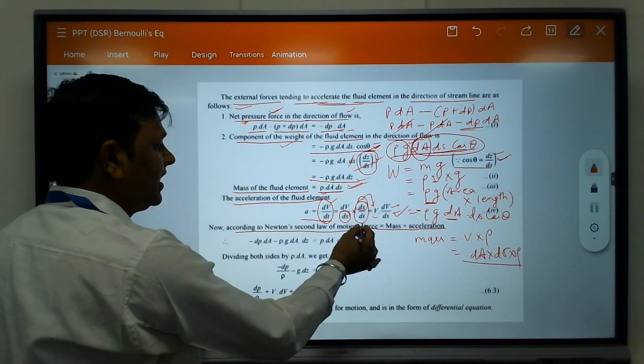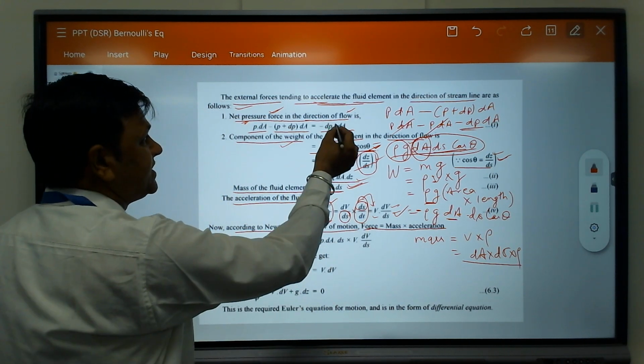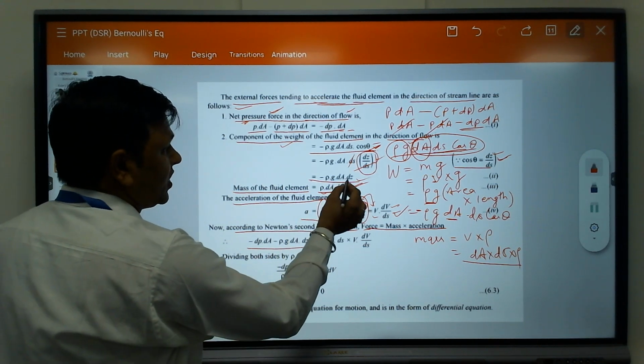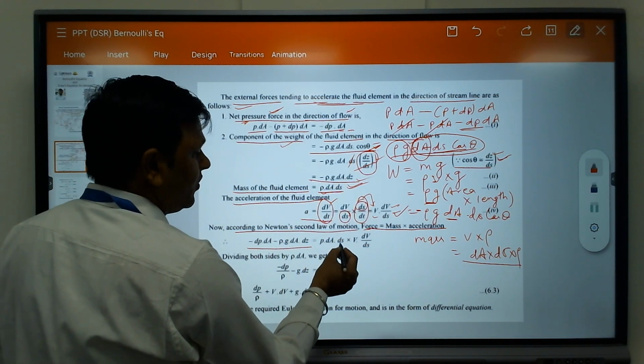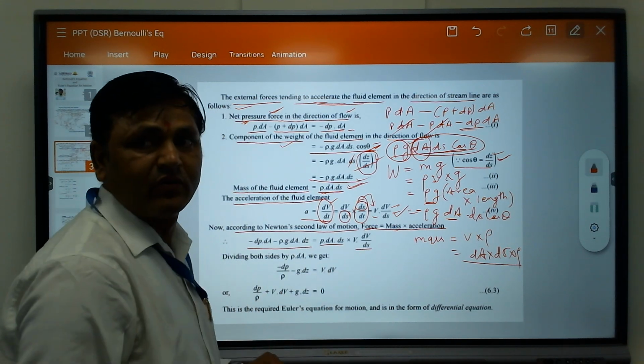The force is minus dp minus rho g dA dz, which is equal to mass, rho dA ds, into v dv over ds.